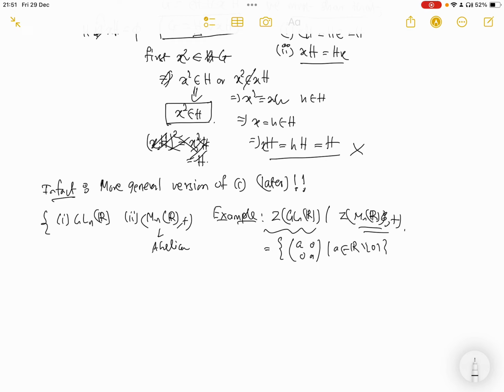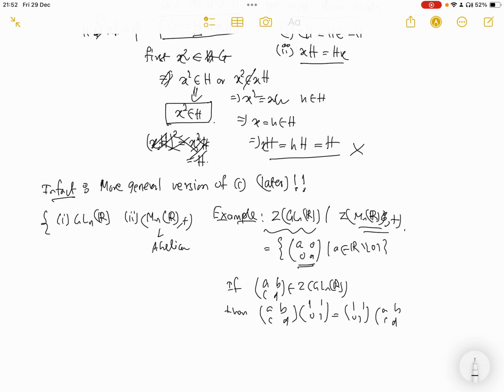Yeah, that you can do. One part is easy because if you pick any scalar matrix, it commutes with every other element of GLn. That is easy, just do the matrix multiplication. And for the other part, if you pick any element, say (A B; C D), from the center, then (A B; C D) commutes with all other matrices in GLn. So in particular, it commutes with this matrix also, right?